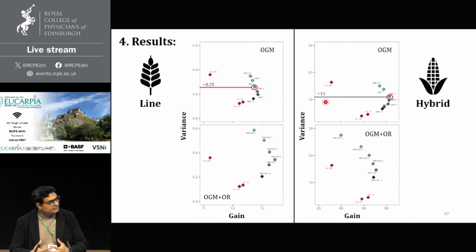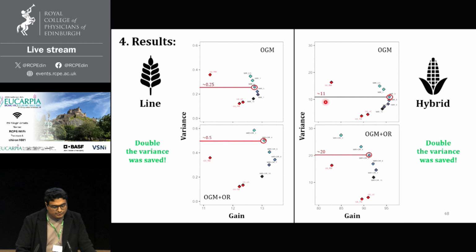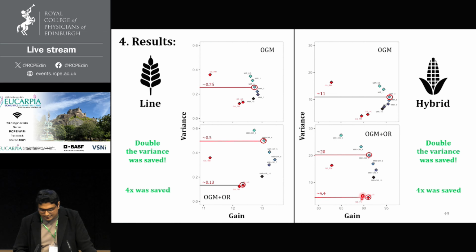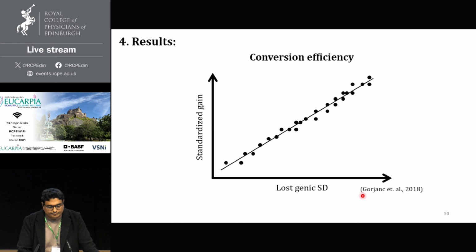When we combine optimal recycling with genomic mating, you can see much more interesting solutions that resulted in the expansion of the Pareto front, and the optimal solution would be somewhere around 4 to 5% probability, which is essentially saving double the amount of variability that was saved by optimal genomic mating alone, without compromising gain relative to the truncation mating scenarios. And if you compare it to the truncation mating scenarios, you will see that it saved almost 4-fold the amount of diversity.